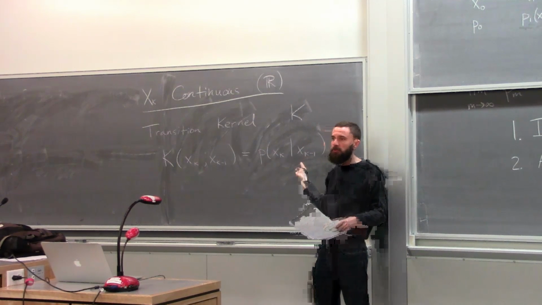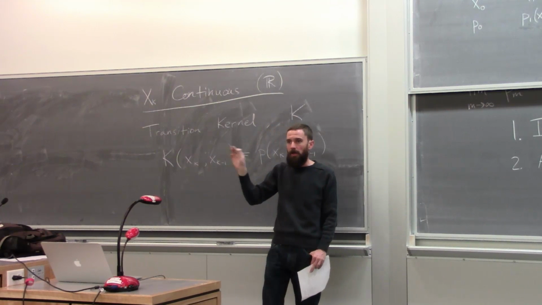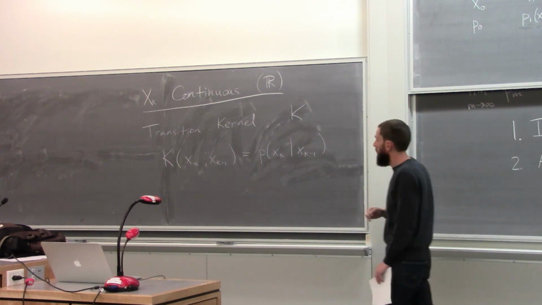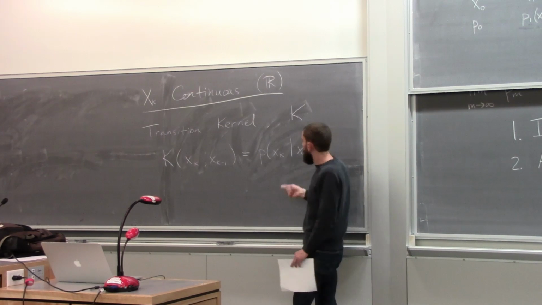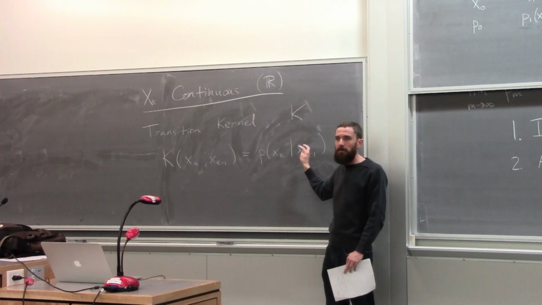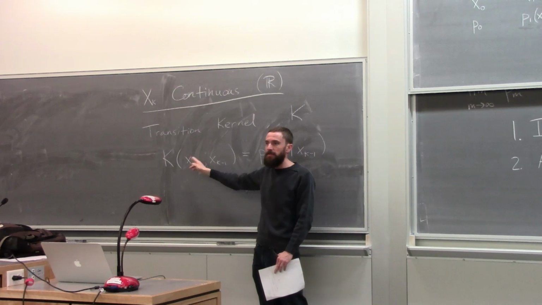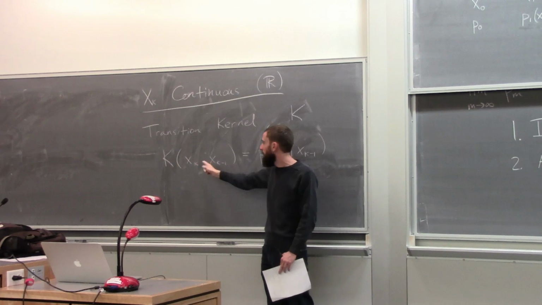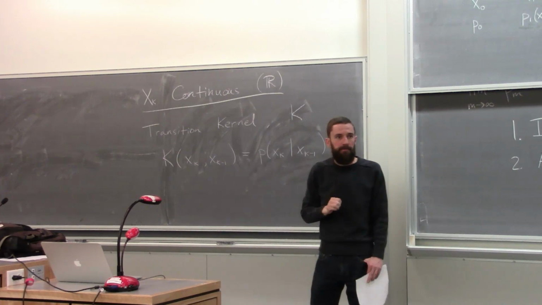I should say this is a probability density, so this is a real-valued PDF. So it's not a matrix per se, but really, if I let both of these be variables, it's like a multivariate function. One way to think of this kernel is as a bivariate function, if I let x_k and x_{k-1} both be any real value.